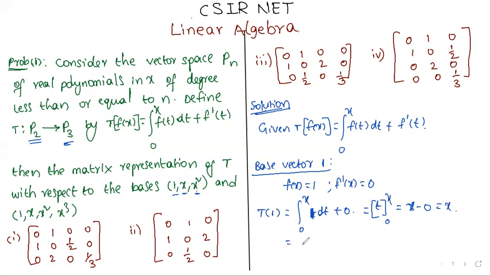Now we can represent this as a linear combination of the basis vectors of the codomain space. Only the x term is present, so it is 0 plus 1 into x, plus 0 into x^2 plus 0 into x^3.